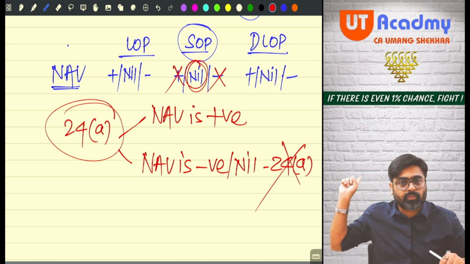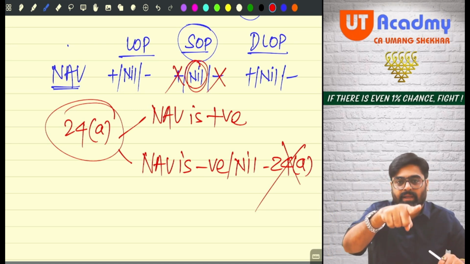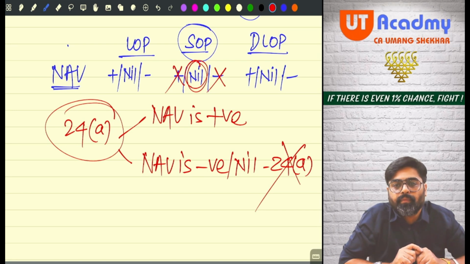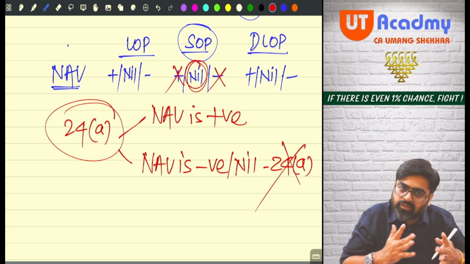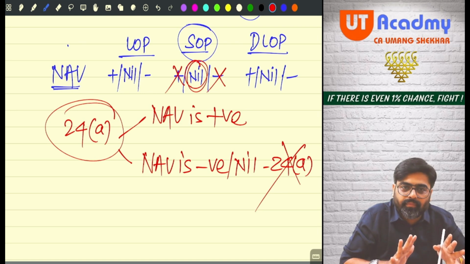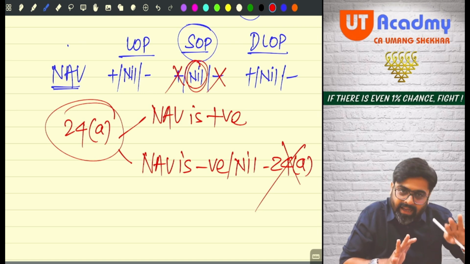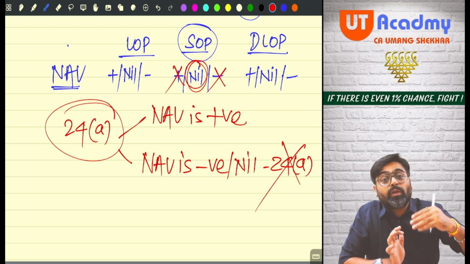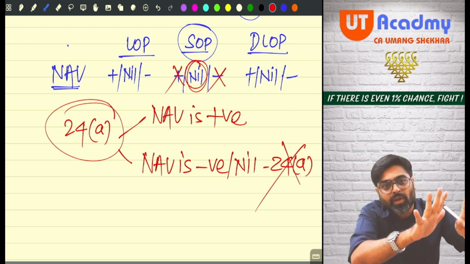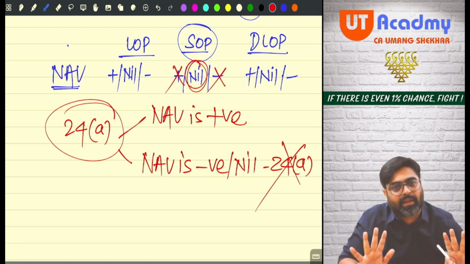Ignore all the expenses. To cover such expenses, we are giving you the standard deduction. Whether you are incurring expense or not is immaterial. If you are not incurring expenses, still we are going to give you 30%. If you are going to incur expenses, we will ignore your expenses, still we are going to give you 30%.